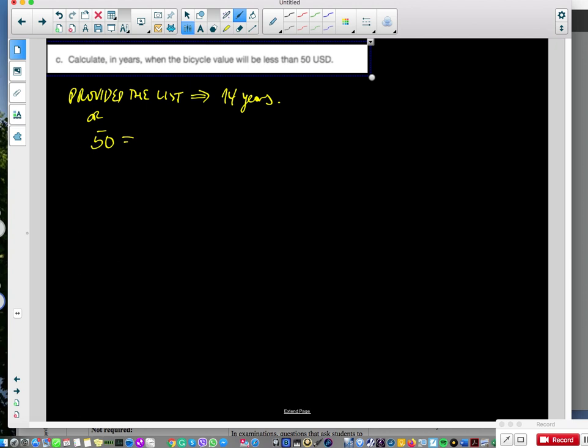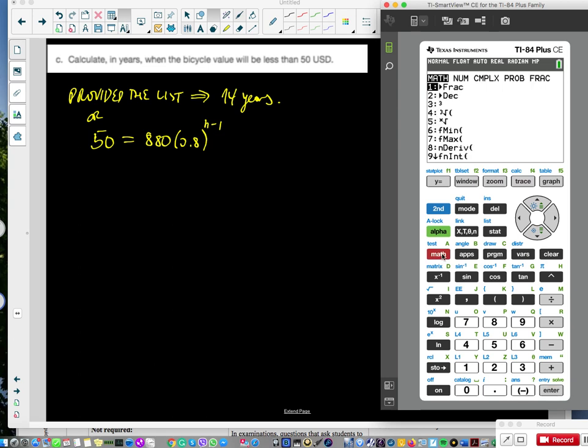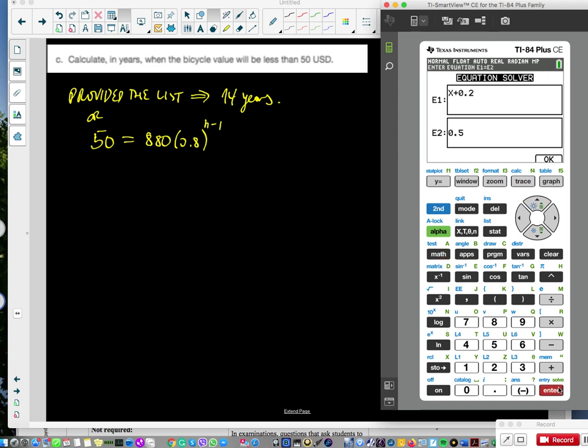If you don't want to provide the list, you can just solve it. 50 equals U1, which is 880, times 0.8 to the power of n minus 1. And how can we solve this? Using the math solver: 50 is 880 times 0.8 to the power of n minus 1.